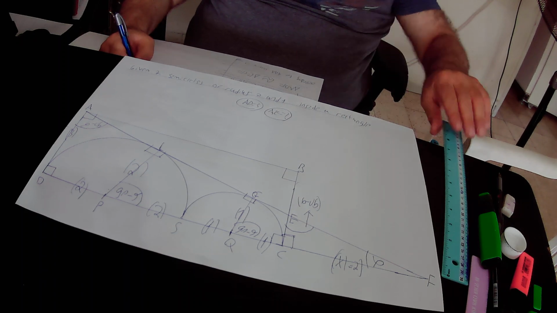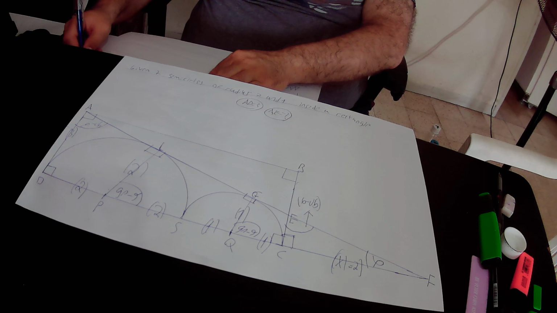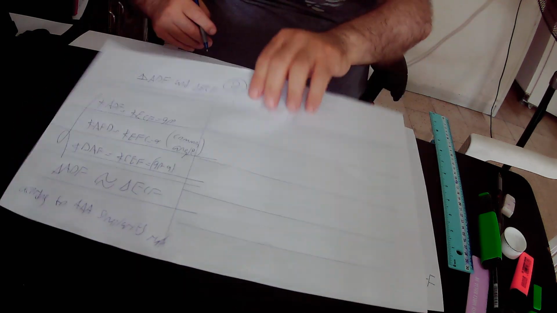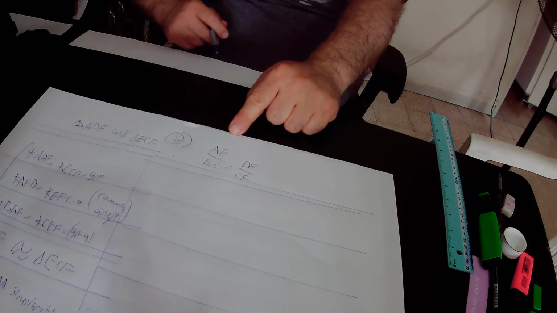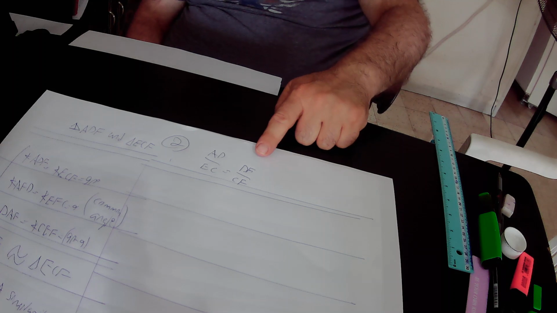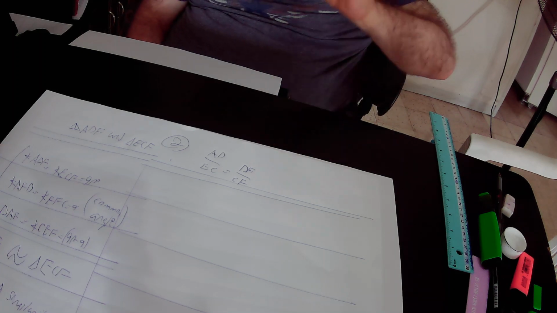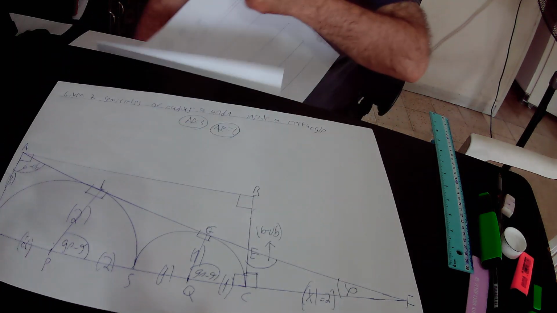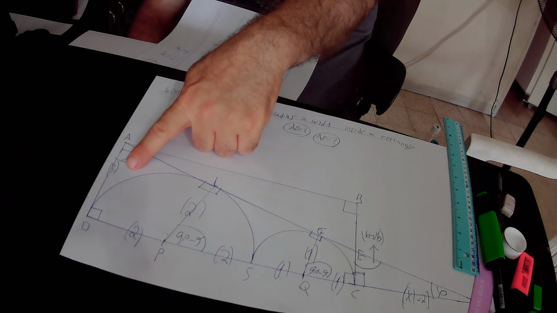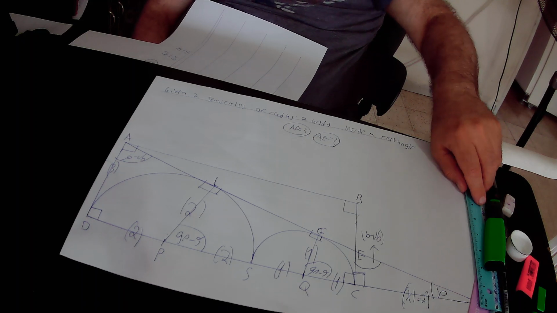So repeat again. We will derive that side AD over side EC equals side DF over side CF. AD equals 3 units according to what is given in the question.